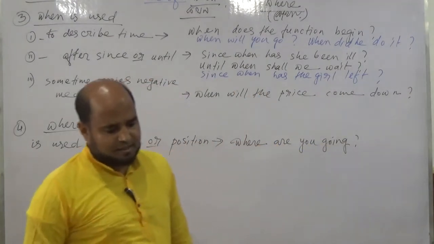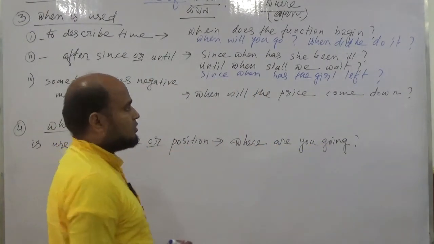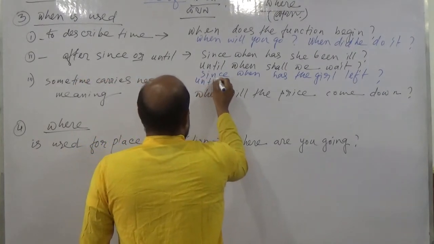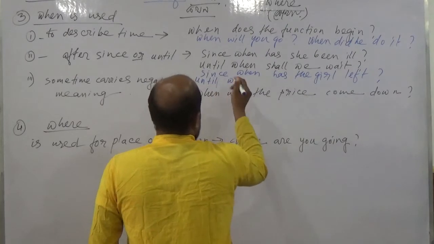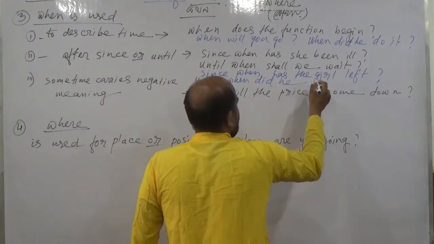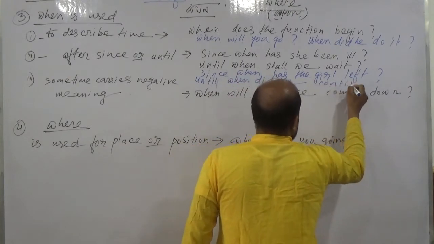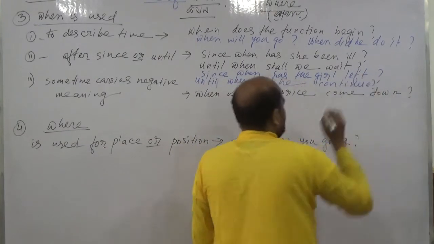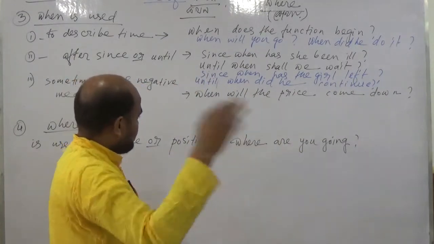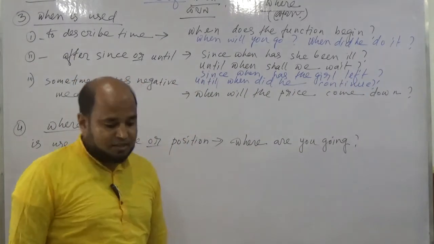Okay, another sentence, until when did he continue? কতক্ষণ পর্যন্ত সে চালিয়ে গিয়েছিল? Until when কতক্ষণ পর্যন্ত did he continue সে চালিয়ে গিয়েছিল?